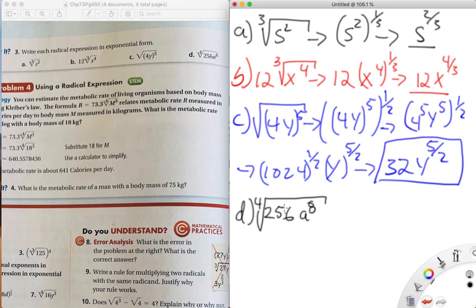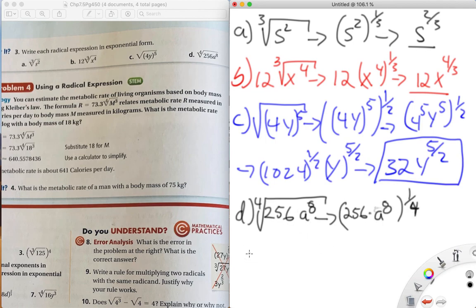Notice that the 256 is not raised to the 8th power. The only thing that's raised to the 8th power is a. So if I was to write this out, it would be 256 times a to the 8, and this whole thing is raised to the 1/4 power.